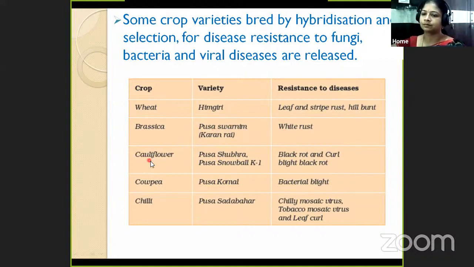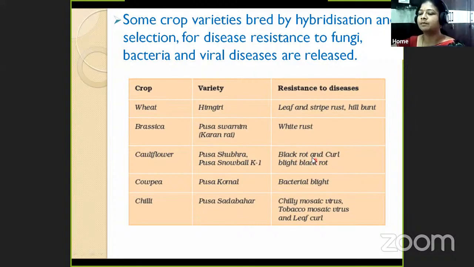Next, cauliflower. In cauliflower, disease-resistant varieties are two. They are Pusa shubra and Pusa snowball K1. These two disease-resistant varieties developed in cauliflower have resistance against black rot disease caused by fungi and curl blight black rot disease caused by fungi.